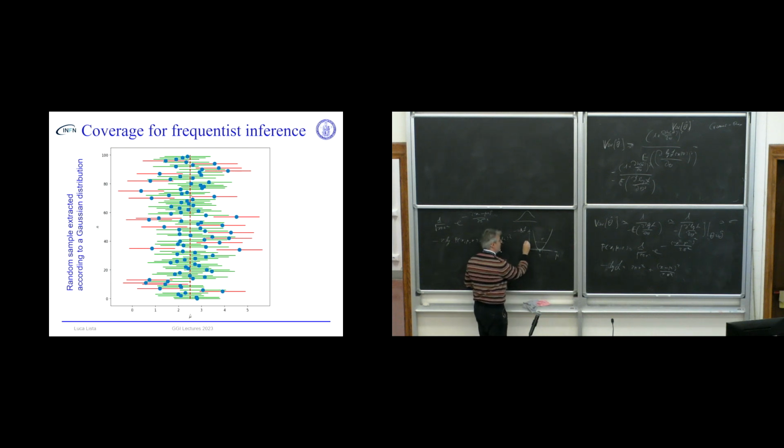If I put here 1, when is this minus 2 logarithm of likelihood equal to 1? This means that mu minus x squared divided by sigma squared is equal to 1, which means that mu is equal to x plus or minus sigma, okay? So these two values here are x minus sigma and x plus sigma, and this is a nice way to define the uncertainty interval.